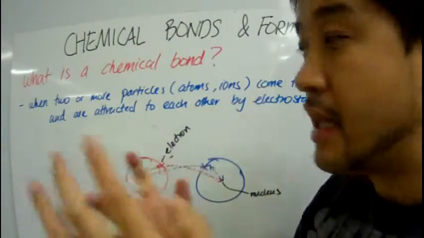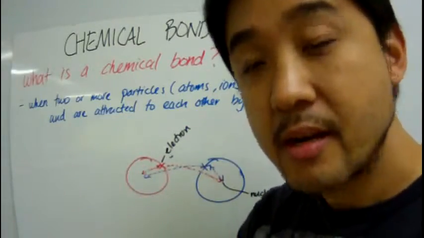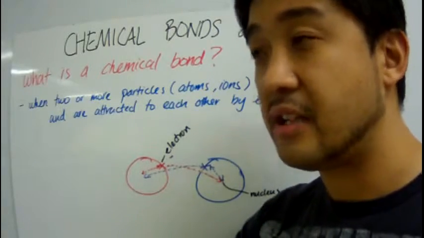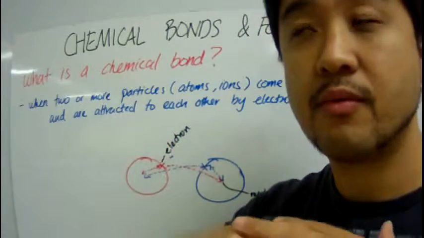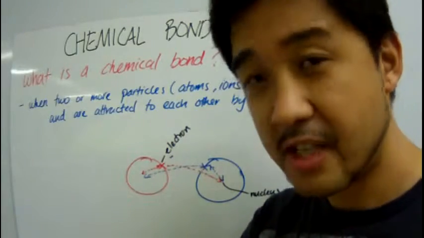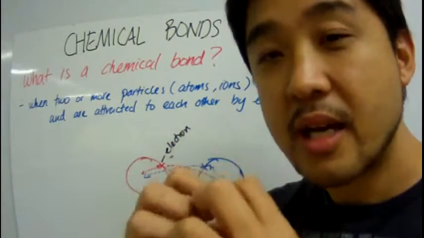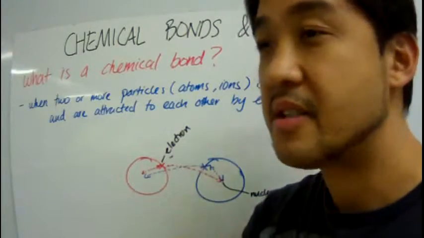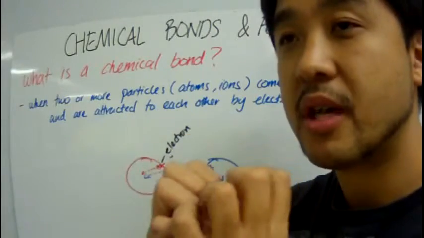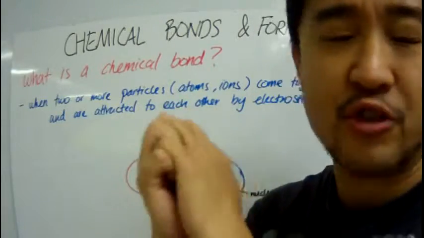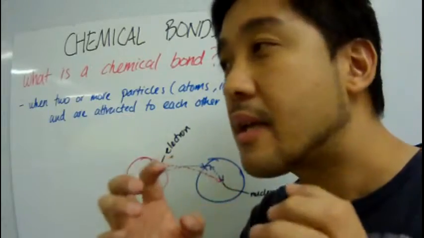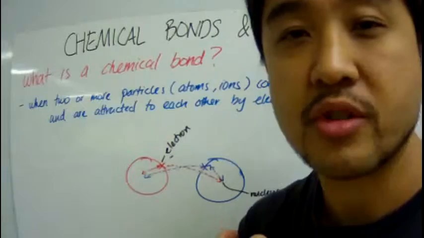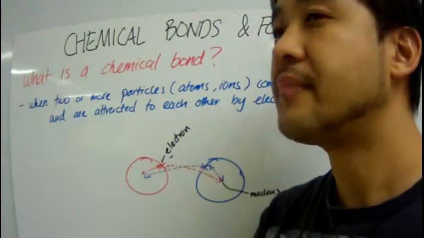All right, and now the way they come together is different, because some particles, when they come together, have a very strong electrostatic force, and other particles, when they come together, have weaker electrostatic forces.